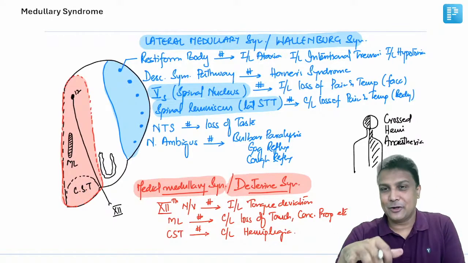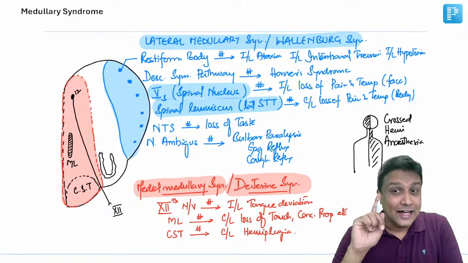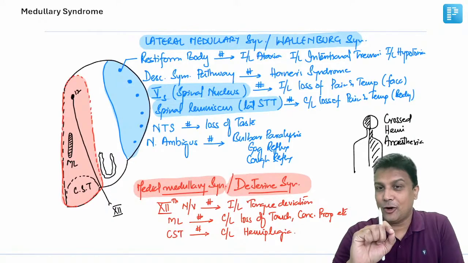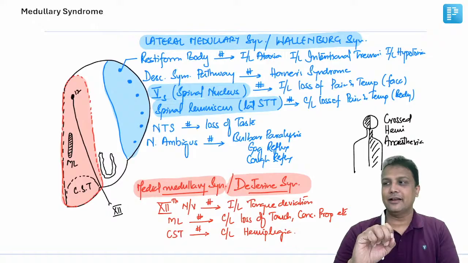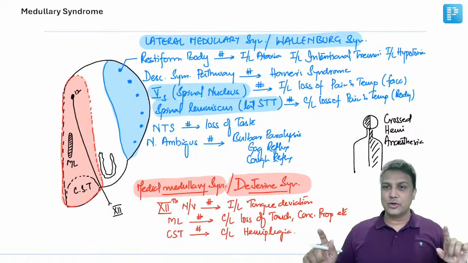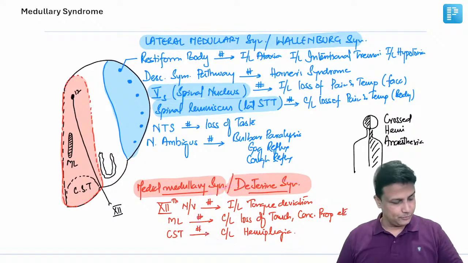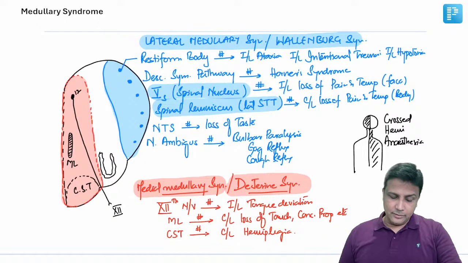Now some students will question here, sir, we are already in the medulla oblongata, why is it again contralateral? Remember, that's the reason why I was stressing that it crosses at the level of the lower medulla. The pyramidal tract is going to cross at the level of the lower medulla. That is the reason why it is still contralateral hemiplegia. All these things will be seen in the medial medullary syndrome. Now, what about the lateral medullary syndrome here?